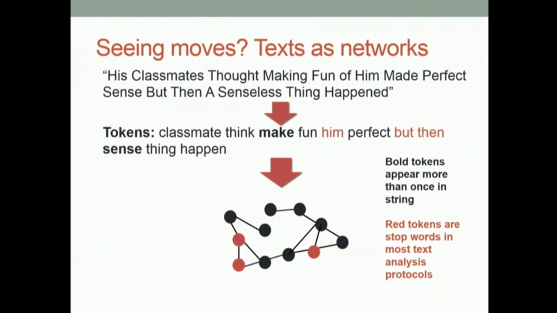So reference to humans seems important, right? Even if they're pronouns. Also those things like reversals, the but and the then, all those kinds of conditionals. Here, if you see the bold tokens in my sentence, they actually appear more than once. And the red tokens are stop words that in most schemes of natural language processing would get thrown out. And what we could start to see is a little network shape starts to form.